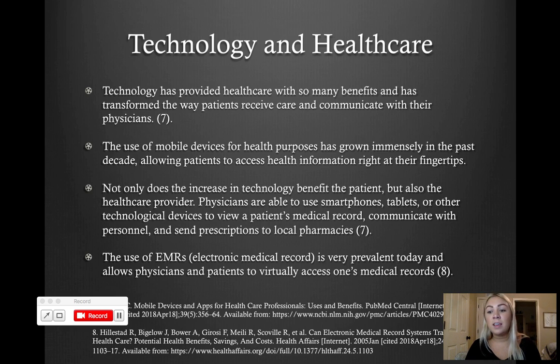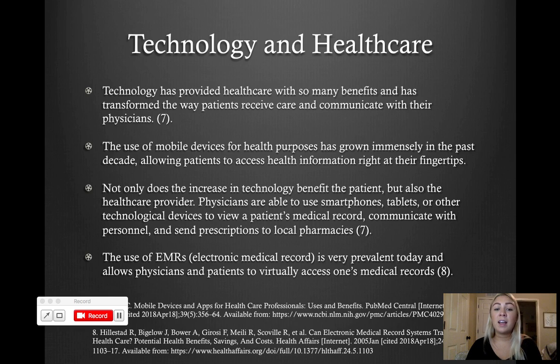So this could be Googling a question you have about one of your symptoms on WebMD, or this could be texting your doctor. Instead of having to go in and make an appointment, your phone has provided many ways to make things quicker and easier for the patient and for the physician as well.